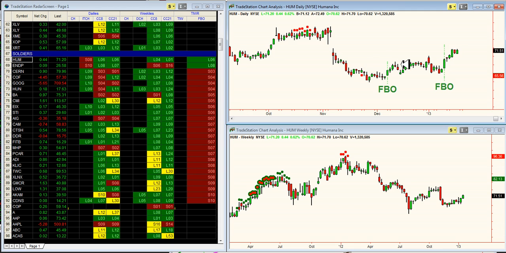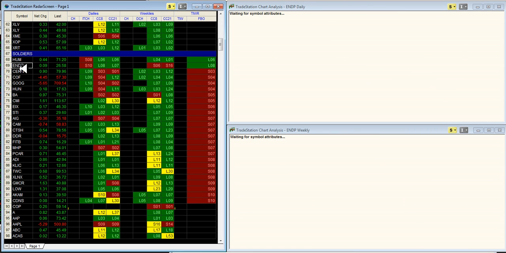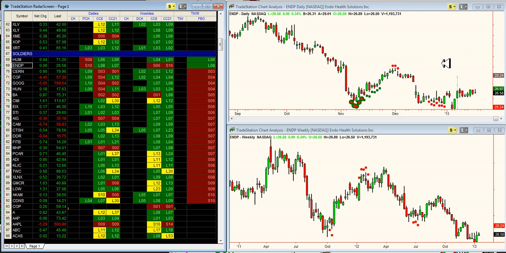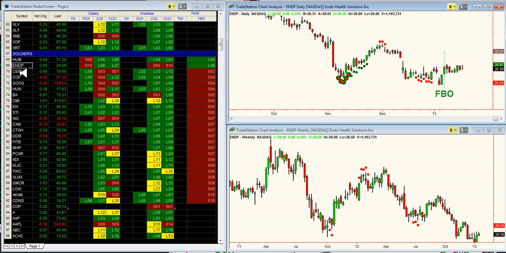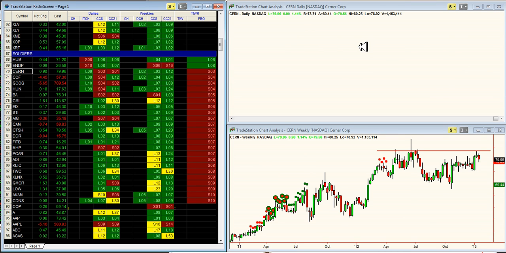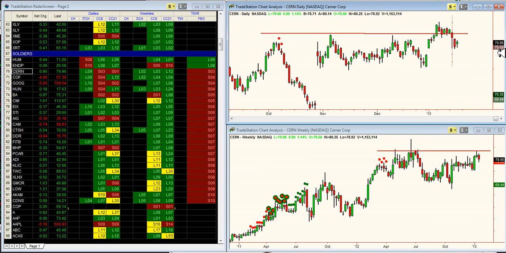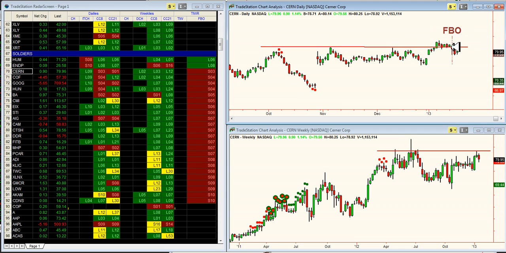Let's take a look at, I believe we mentioned earlier, you can see ENDP also false breakout. CERN, we mentioned earlier in the video, is now firing a false breakout to the upside, and you can see that that is red, SO3, fired 3 days ago.